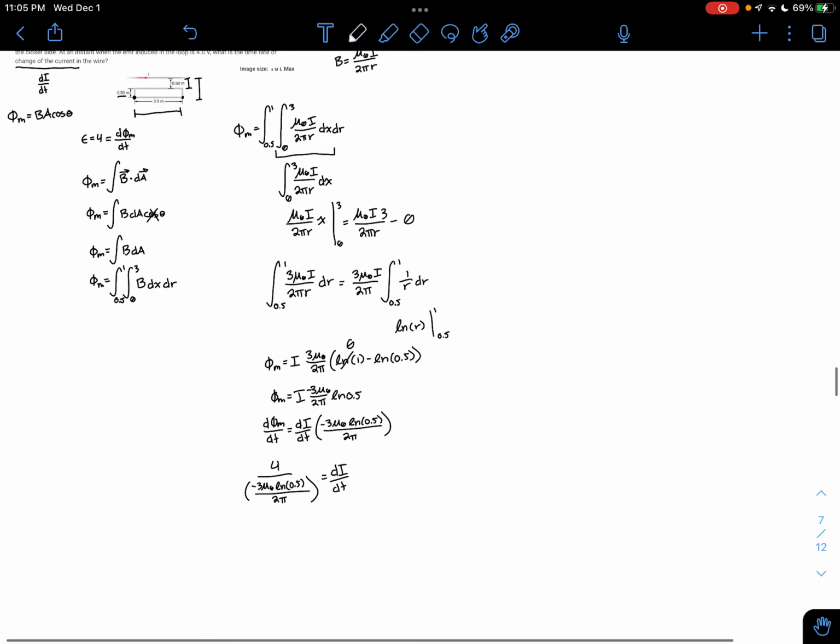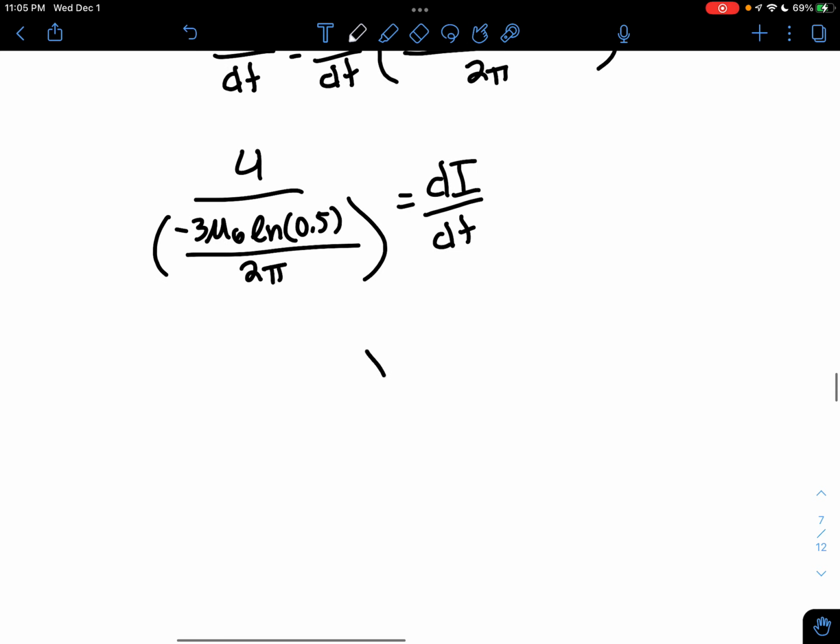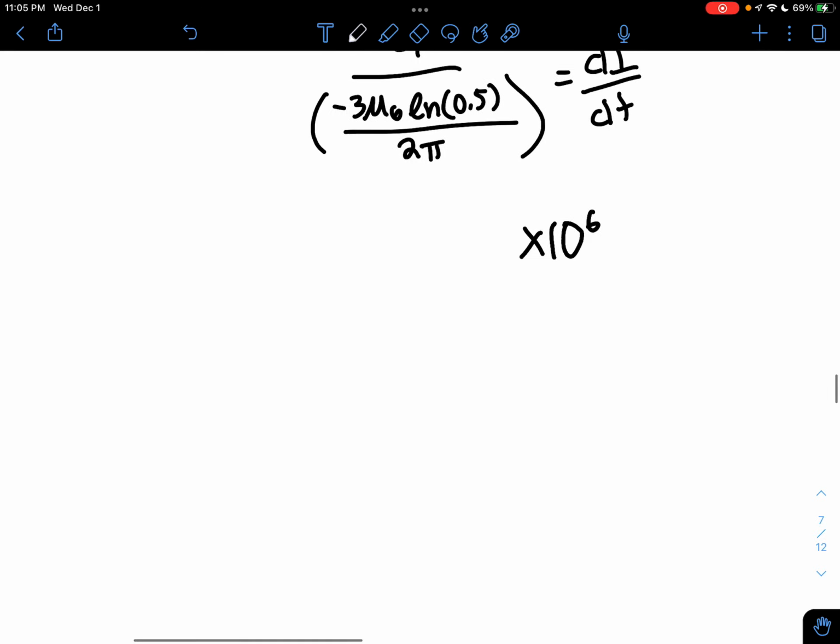Okay, if you finally evaluate all of that out, it's going to give you an insane looking number. Here's something times 10 to the 6. I think you have to round or something. I don't know.